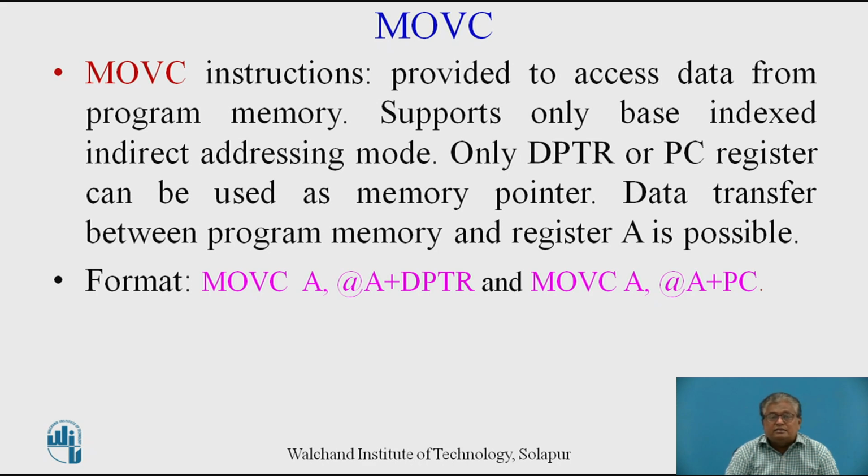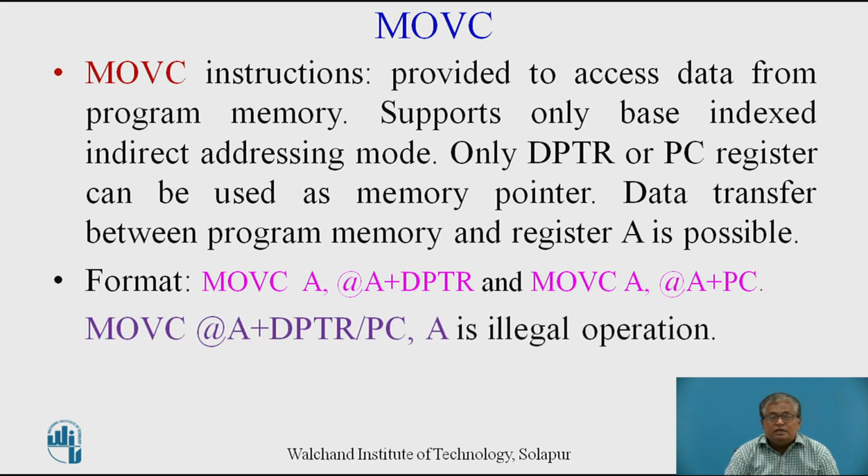So here the A register will work as a base register, and the DPTR register will be used as an index register, and MOVC A, @A+PC. So here the register A will be the destination.